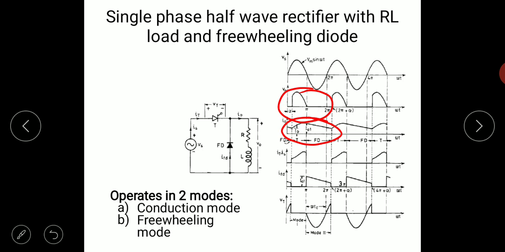So in that case we were getting negative power as well. So in series RL load without freewheeling diode, we were getting lesser power. In the freewheeling diode case, we will get more power because the voltage and current are always positive.